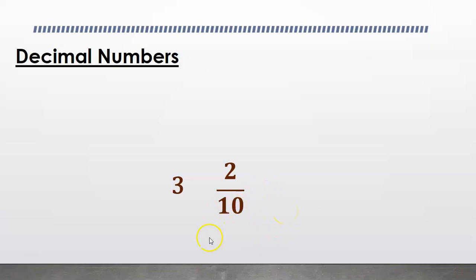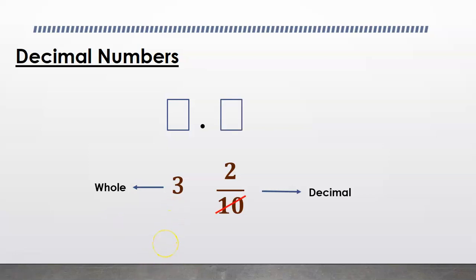Okay. How? This is the whole and this is a fraction with denominator 10, and I can convert it to a decimal. Then I'll put the decimal point, the whole part and the decimal part. How can I determine the decimal part? From the denominator. If I have 10, then I have 1 0, then I have one place in the decimal part.